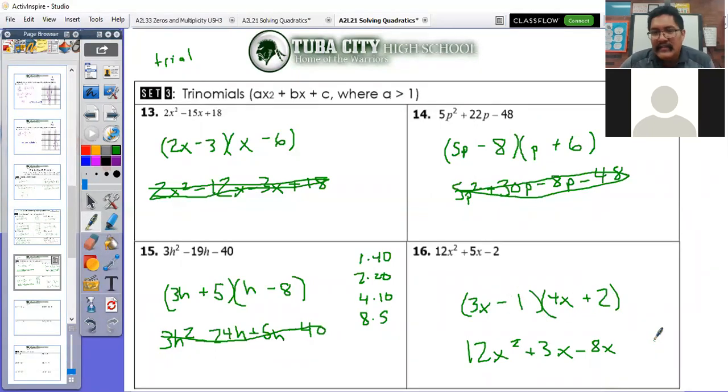And let's see if this works out any better. So 3x times 2 is 6x minus 4x. 6 minus 4 is not 5x. So this is not the right combination. So we're going to probably try something else.